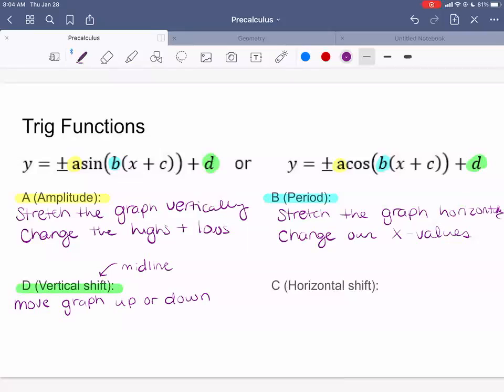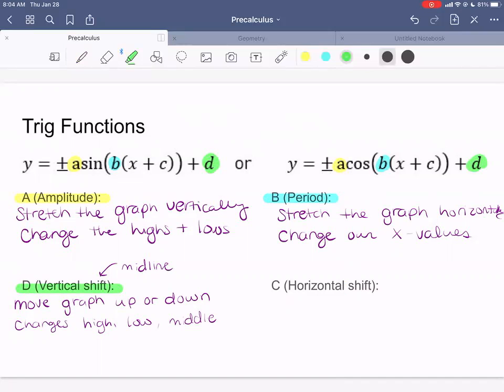And that's going to change the high, the low, and where that middle happens. So depending on where that is, it's going to change where all of those happen.